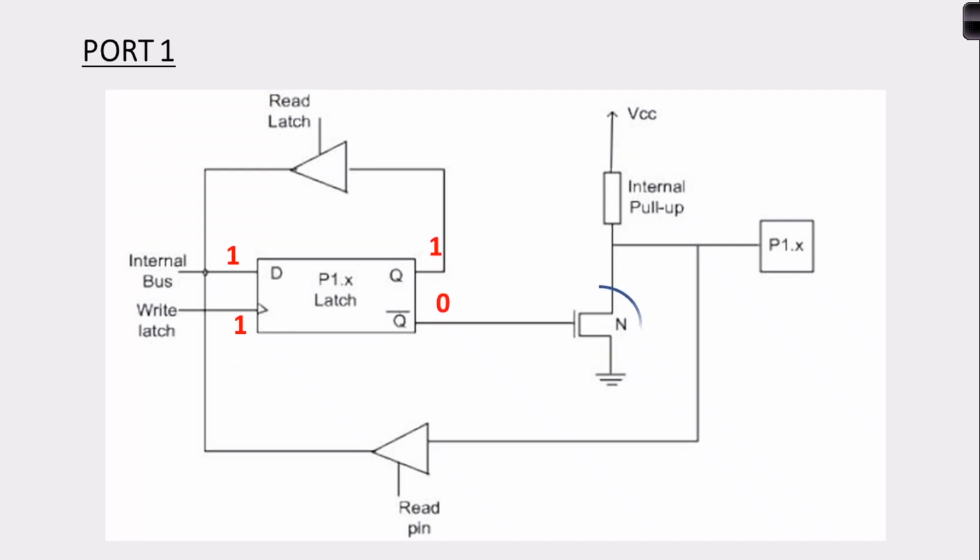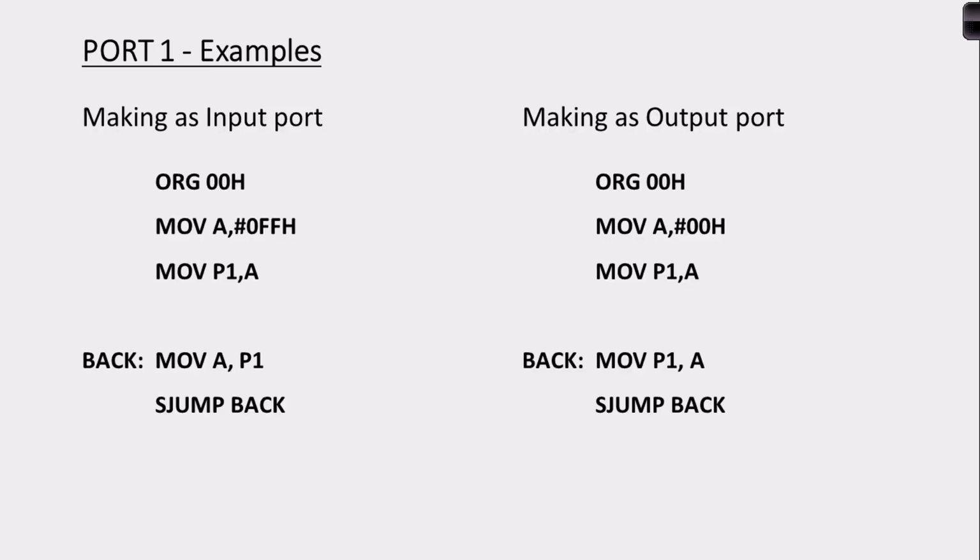Since it is 0, my NMOS is in the off state, an open switch. Since the upper portion has inbuilt internal pull-up resistors connected to VCC, I'll have logic 1 here. Since we have an internal pull-up resistor itself, here we won't come across scenarios where we have high impedance values.